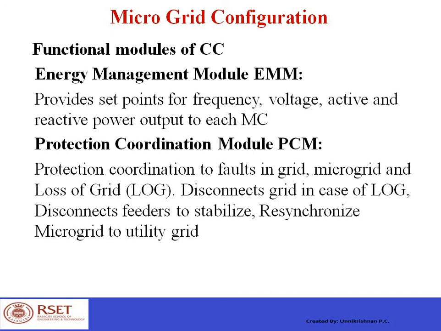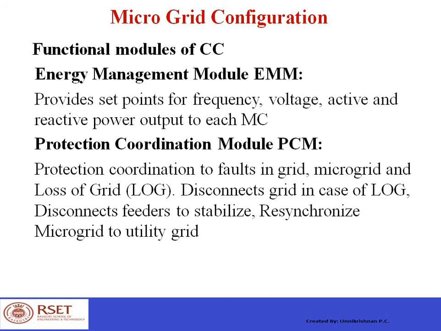If there is a loss of grid, immediately the grid has to be disconnected. If you don't disconnect the grid, then the power will start flowing outside. So whenever there is a LOG, loss of grid, the grid has to be disconnected. And who will take care of it? The PCM module, which is within the central controller, will take care of it.